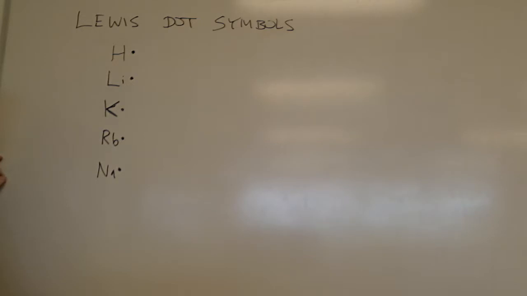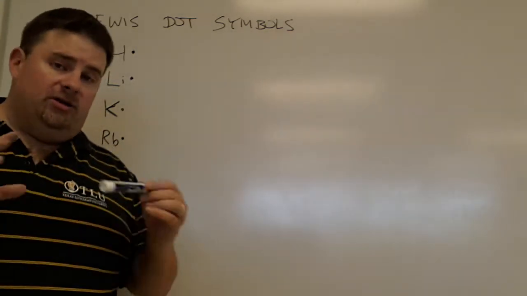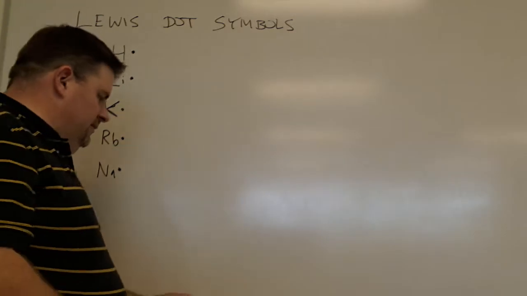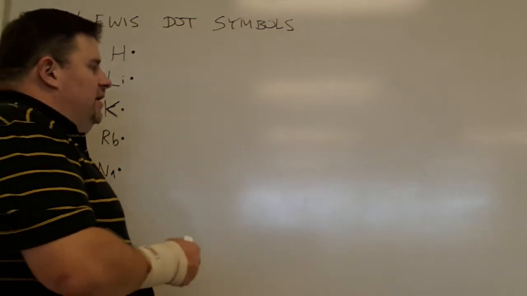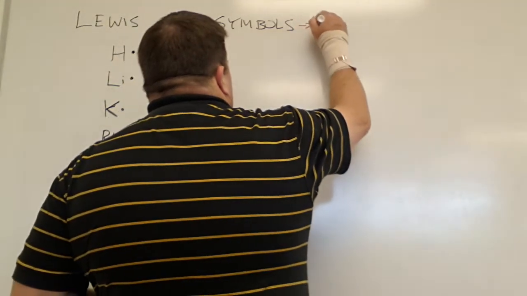What you are going to end up with is lots of different electrons. But in Lewis dot terminology, we're just putting one dot there. We're only concerned with the valence electrons at this point. So Lewis dot symbols, what we're looking at are valence electrons.